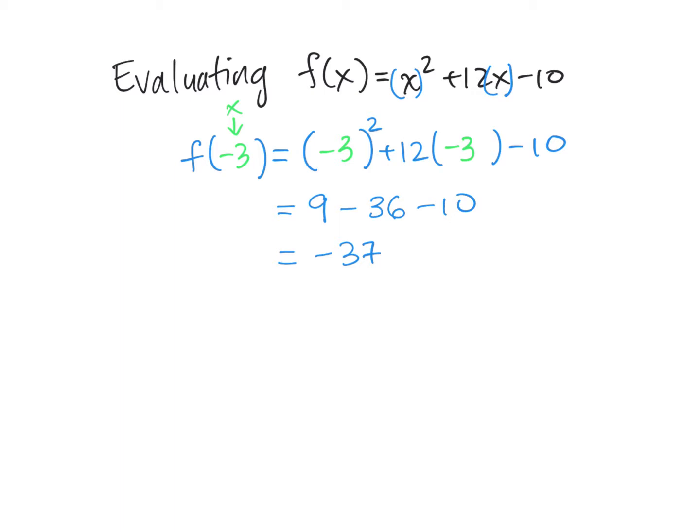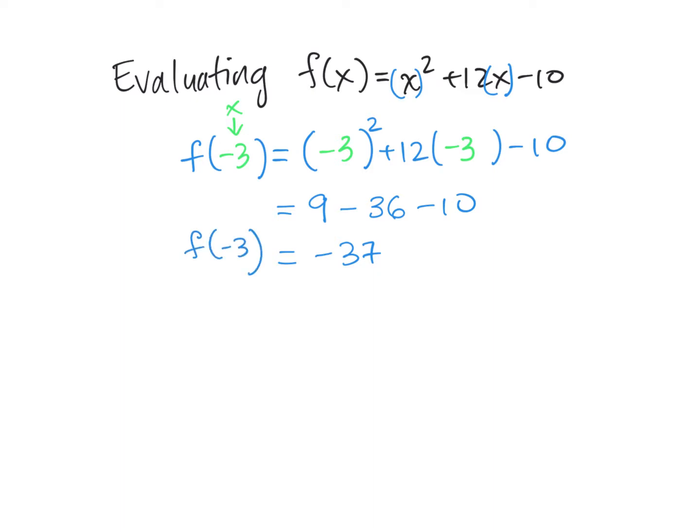The point here is, what does it mean that I get negative 37? Well, if I follow my equal signs, negative 37 is equivalent to this, which is equivalent to this, which is then therefore equivalent to this. So that means the negative 37 I have there is what f of negative 3 equals.